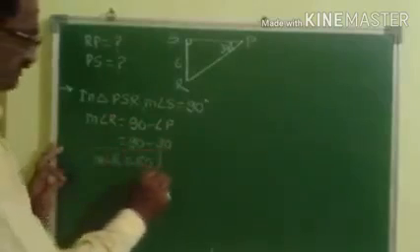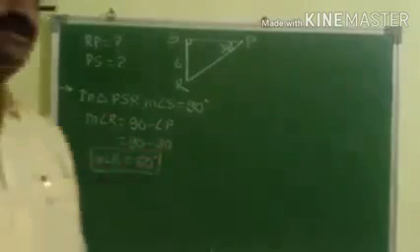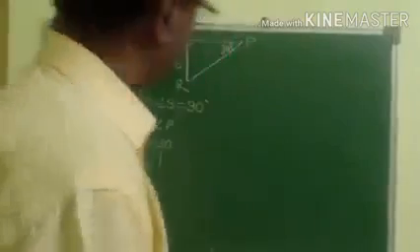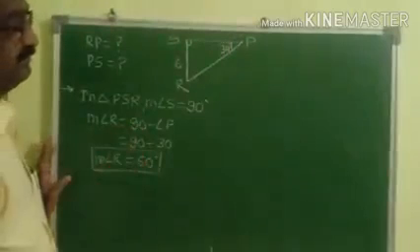Measure of angle R is equal to 60 degrees. So that triangle is a 30-60-90 degree triangle. Therefore we can use the 30-60-90 triangle theorem.